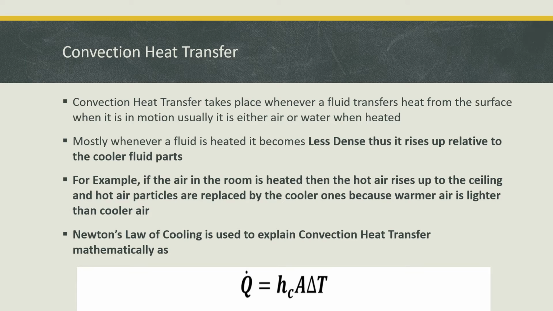When there is high motion, there is high temperature. So the higher temperature substance rises up to the cooler substances, and a transfer of heat takes place. This transfer usually takes place when two fluids are involved. There is no solid involvement in convection heat transfer.